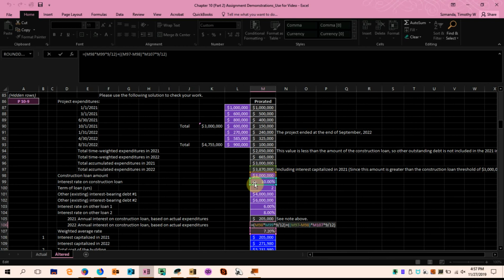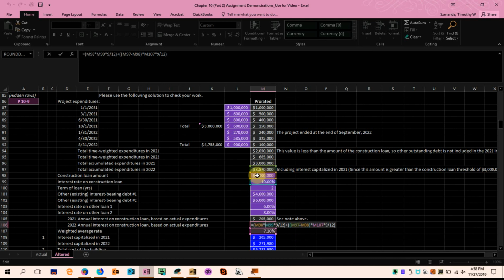So you remember I said that the expenditures in year 2 started to exceed the loan amount? That extra, or $870,000, is now multiplied by the 7.2% times 9/12, that weighted average on the non-construction loans. Again, this is the amount that's financed by the expenditures that exceed $3 million that year.